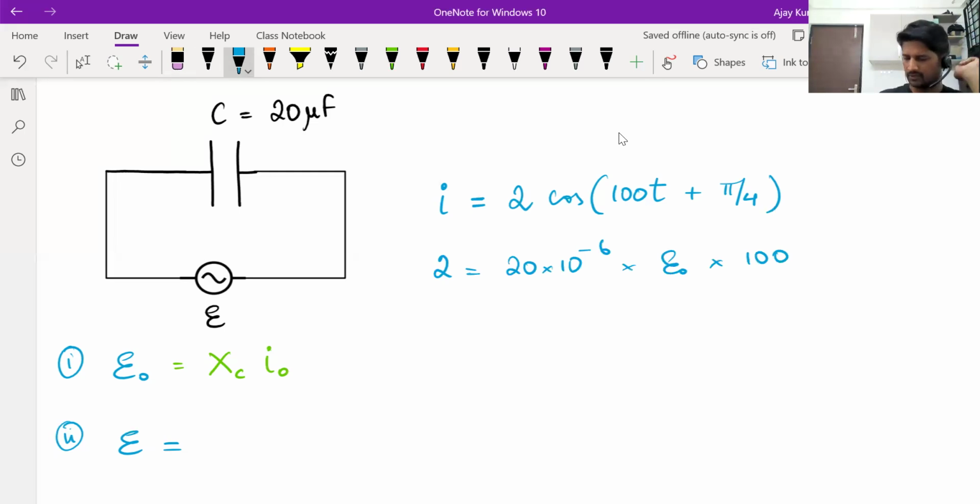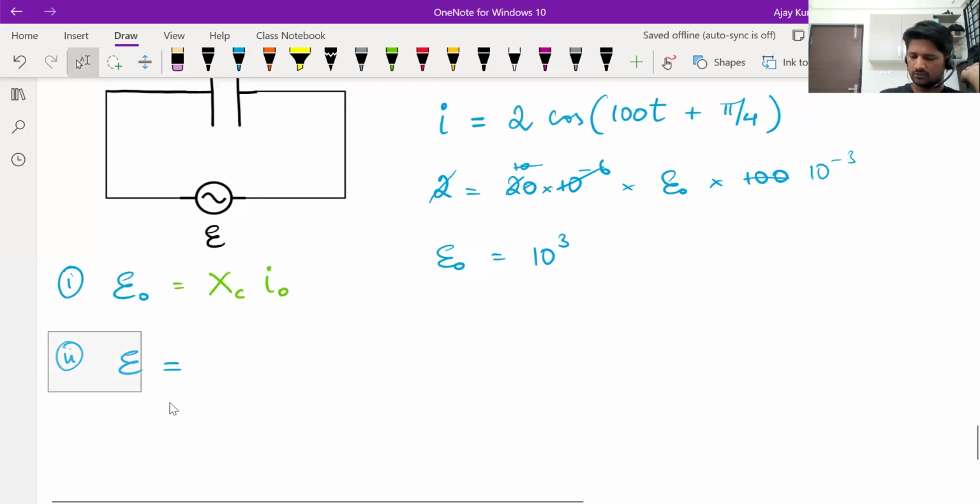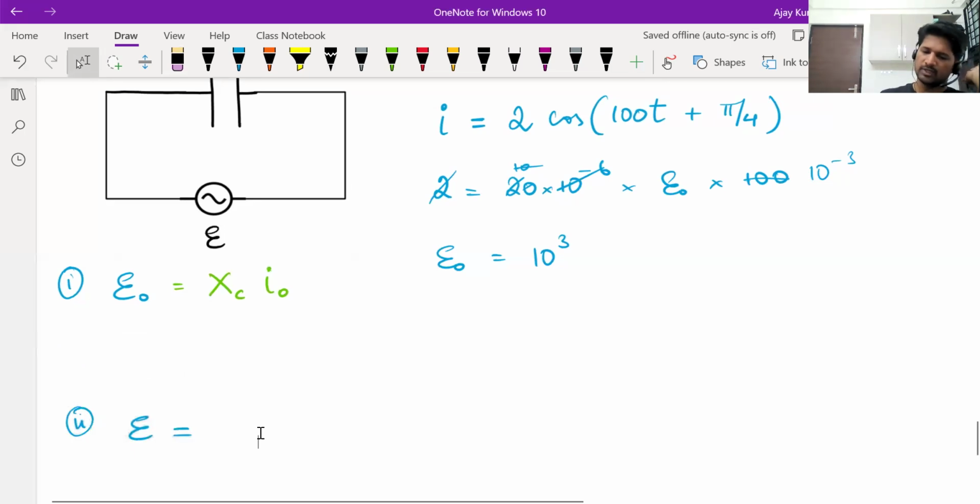This is, I think, simpler. Good, good. So E naught becomes, the 2's cancel, this becomes 10. 10 into 100 is 1000. 1000 into 10 power minus 6 is 10 power minus 3. Send it that side, it becomes 10 power plus 3. Isha, is this what you got? Yes. Okay. So peak value of EMF will be 1000 volts.